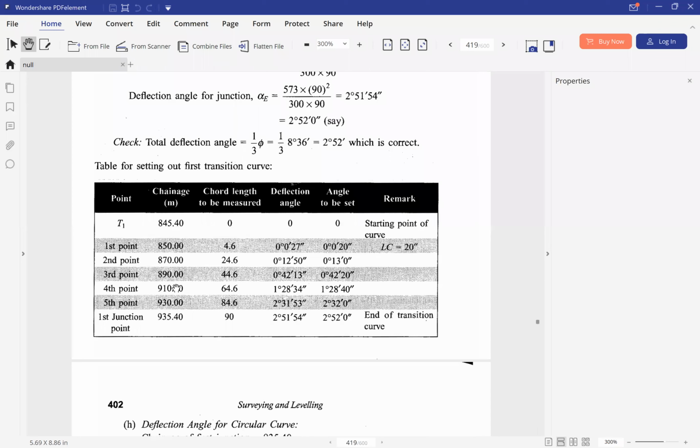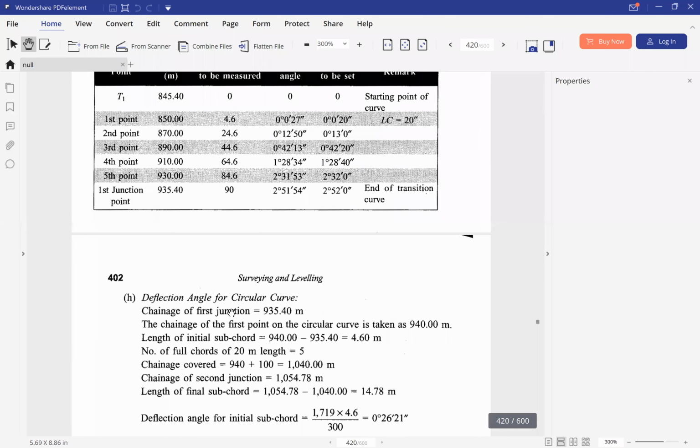Since the value is less than half, you can round it to 20. For the next one, it is 0 degree, 12 minutes and 50 seconds. Again, for 50 seconds, either you can make it 0 degree, 12 minutes and 40 seconds, or you can round it off to 0 degree and 13 minutes. So it depends on the individual. This is how you will be preparing the setting out table for the transition curves.